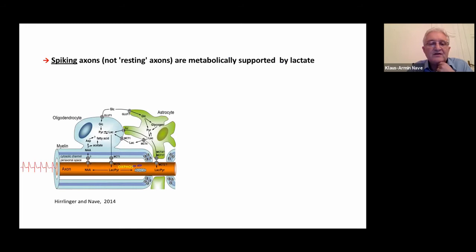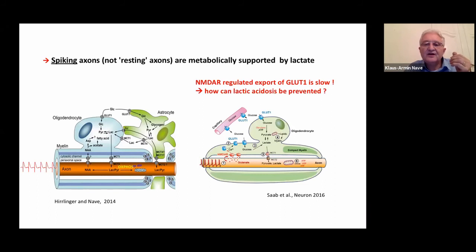Now, that brings up the question again, how is it regulated? Because axons spike or not spike with different frequencies over time. And this system that I'd introduced to you that uses the glutamate signaling is a relatively slow system.